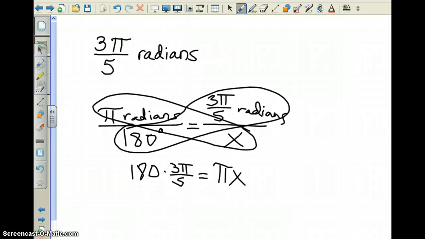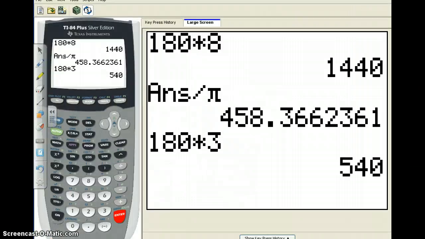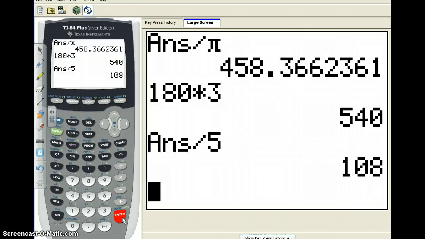And now solving this for x, notice when I divide by pi, the pi's are going to cancel out on the right, and they're also going to cancel out over here on the left, because I've got a multiplying by pi and a dividing by pi that are canceling out. So all I need is my calculator to do 180 times 3 divided by 5, which is 108 degrees.